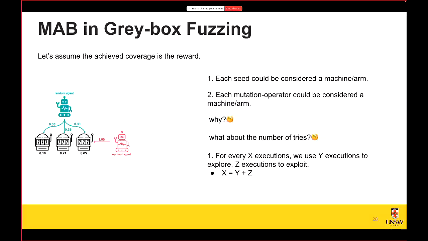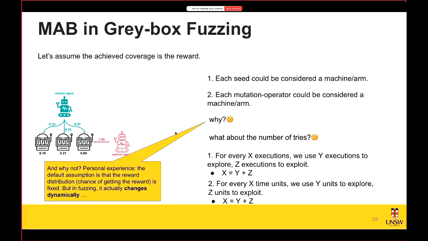We can also use a slice of time as the token. We can divide the entire time budget into several time slots, and for every X time slots, use a portion of the time slots to explore and the rest to exploit. So this is how we can convert fuzzing decisions into a multi-arm bandit problem.